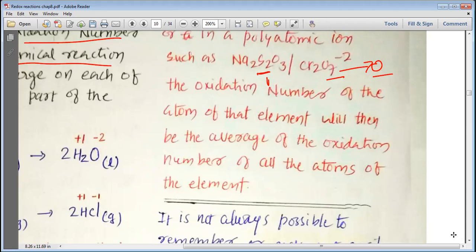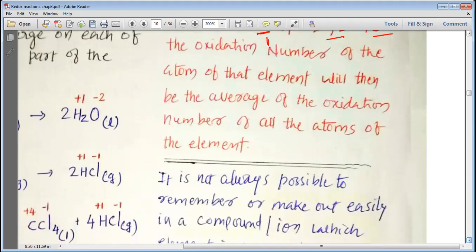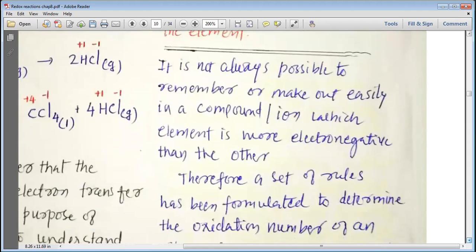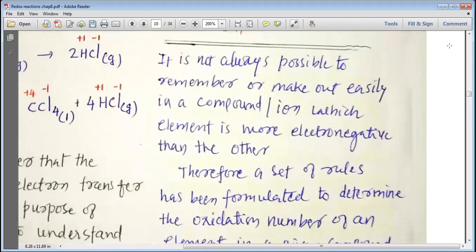So my dear students, when we determine the oxidation number for any element, we are actually writing the average oxidation number for that particular element in a polyatomic ion or polyatomic compound.